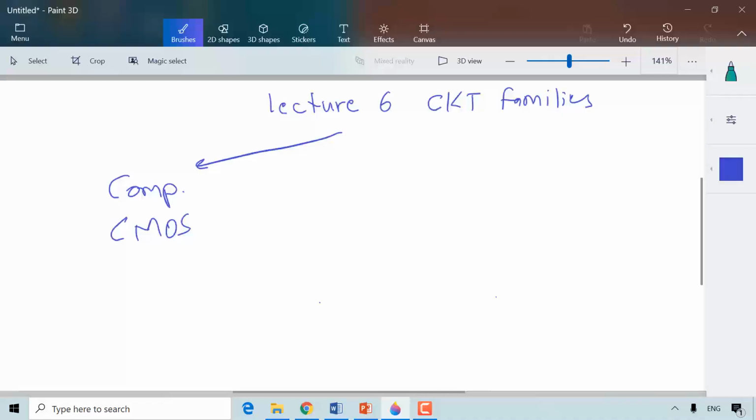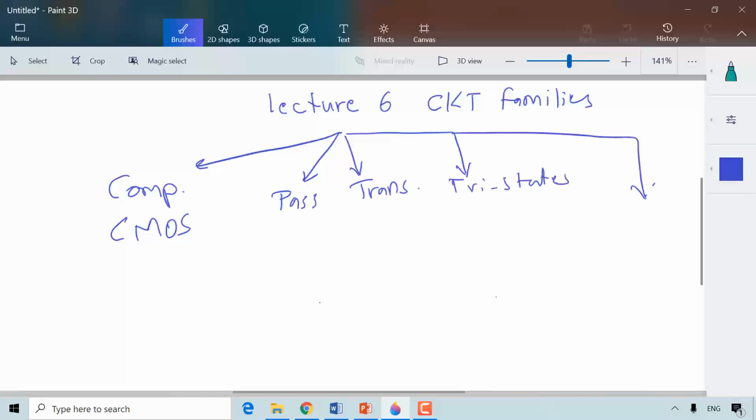We will discuss complex gates, and we'll talk about pass transistors, transmission gates, and we will discuss tri-states, and at the end of the chapter, we will look at other circuit families, for example, pseudo-NMOS, dynamic, domino, etc.